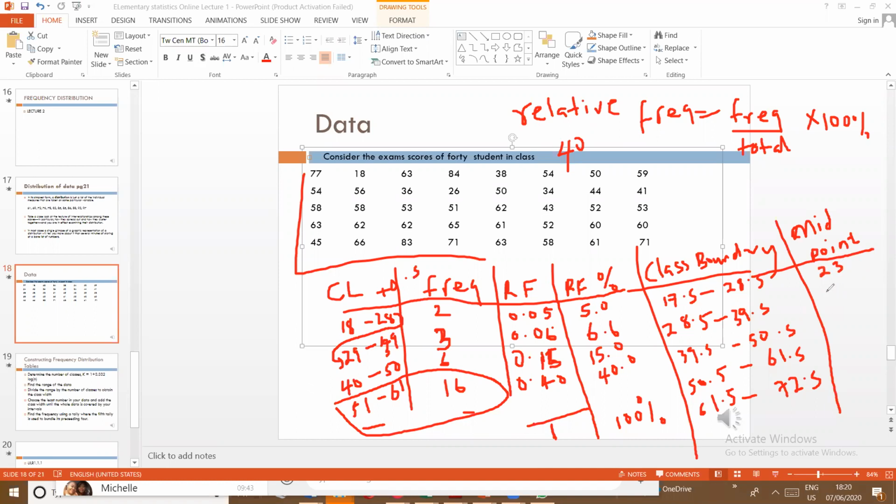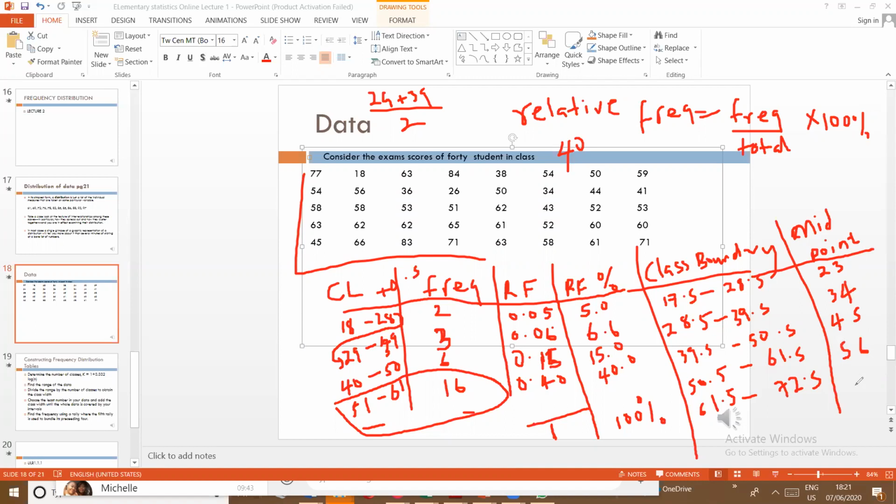Then the next one is going to be what? You have 29 plus 39 over 2, 68, that's going to be 34. The next one is going to be 45. Next one is going to be 56.